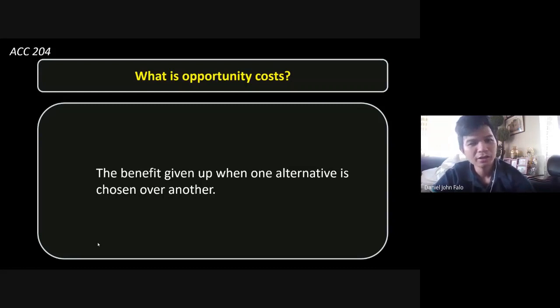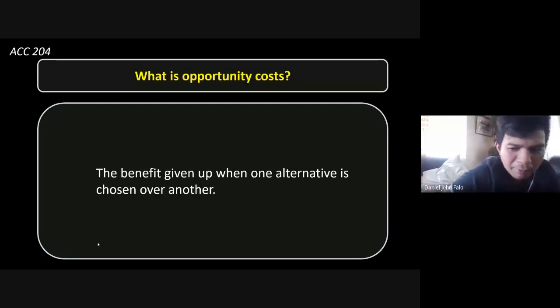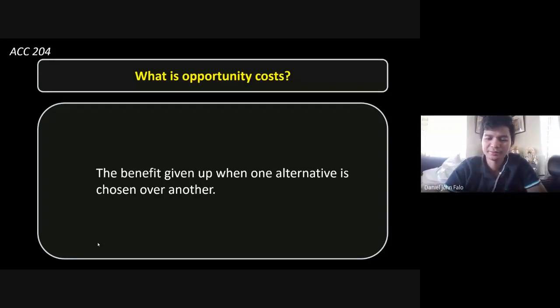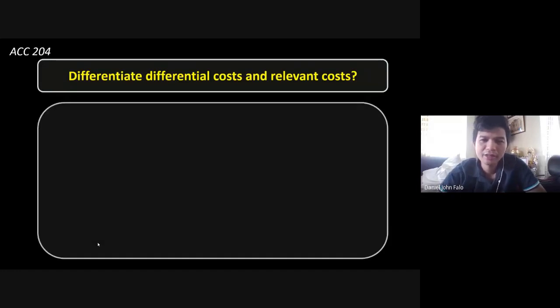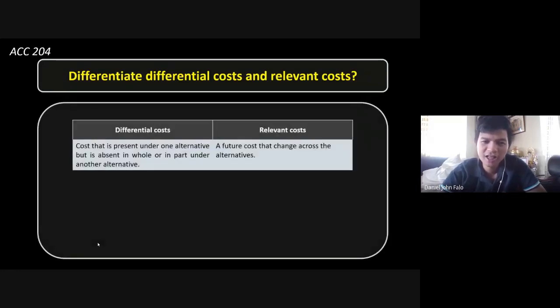Again, opportunity cost is an example of relevant cost. It is also an example of implied cost. Yan. Differentiate differential cost and relevant cost. Differential cost is actually an example also of relevant cost.